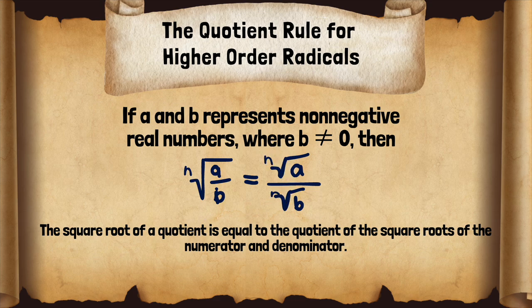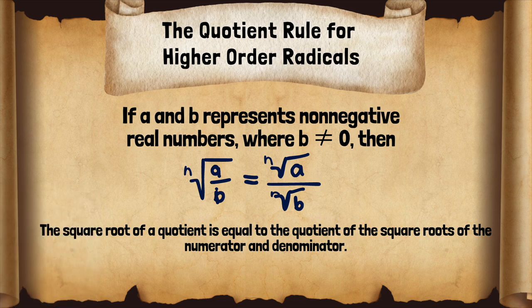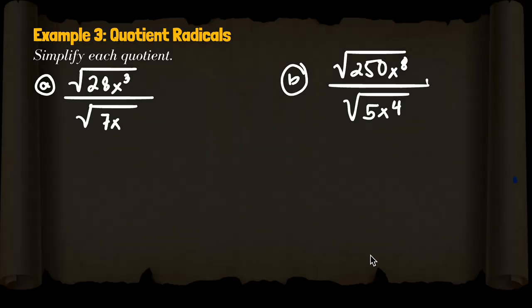So, kapag mas malaki na yung ating sign or index pala, then we can apply this one. Okay? Same procedure lang din ang gagawin natin. Now, for us to appreciate the following things, let's apply this quotient rule in the following example.